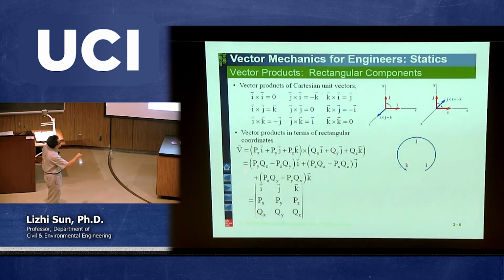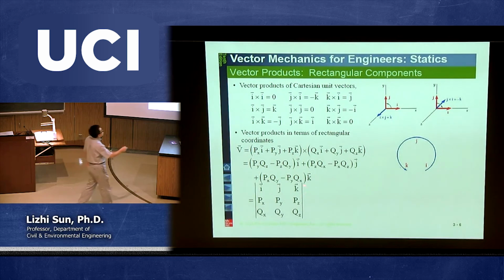Instead, this is the basic way to calculate a cross product between p and q: find the 3 components of p, find the 3 components of q, and then make this product. If you still do not know how to deal with cross product, at least you need to memorize this. But I normally do not memorize this. Every time I just get the 3 components and do it one by one, because I know these very easily.